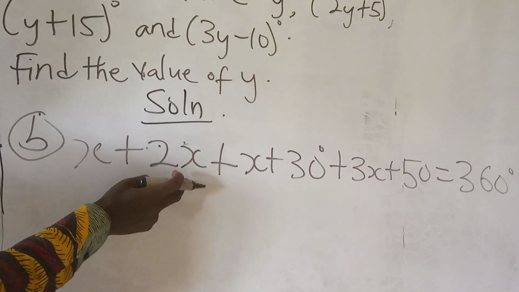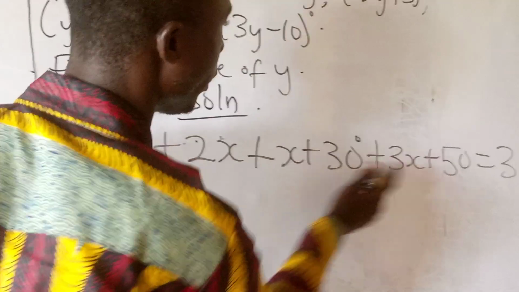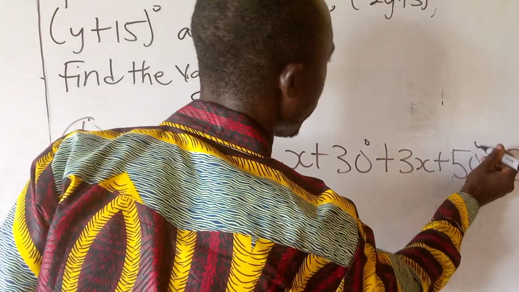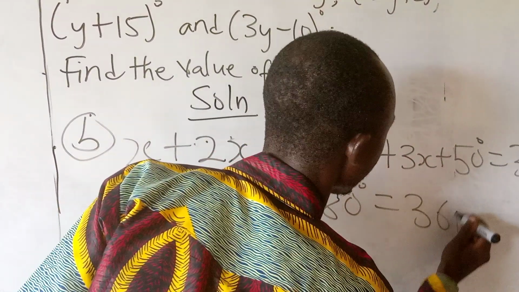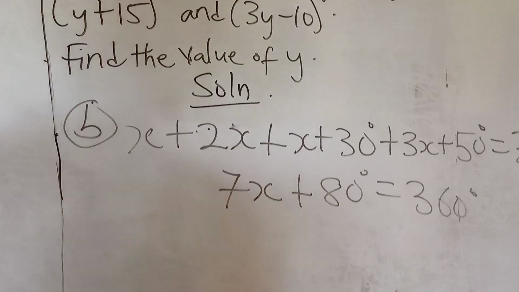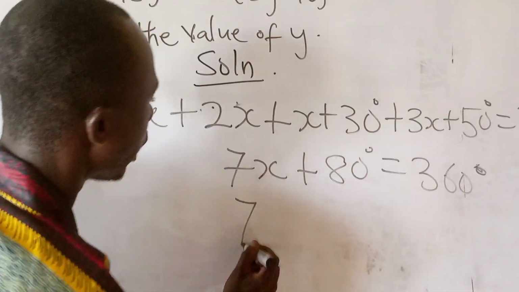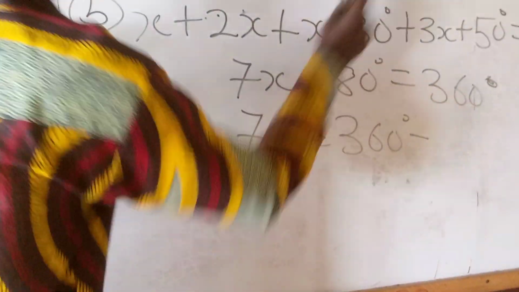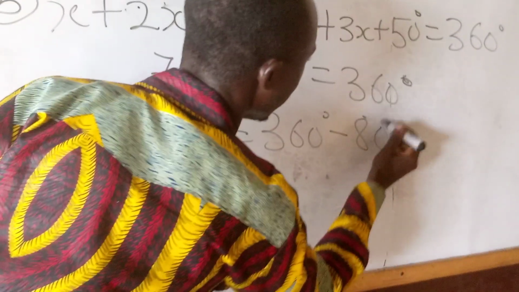So x plus 2x, we are getting 3x, 4x, 7x. So 7x plus 30 plus 50 is what? 80 equal to 360 degrees. So we group like terms. It becomes 7x equal to 360 minus 80. You move this one to the right hand side of the equation, it becomes negative.